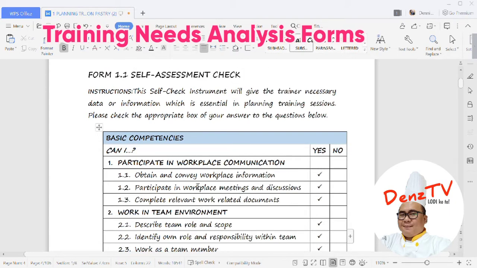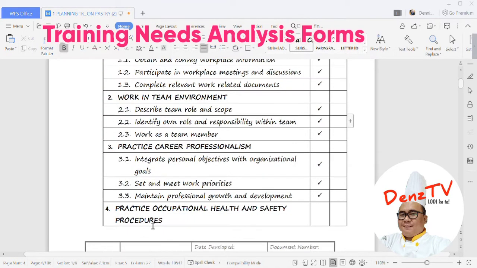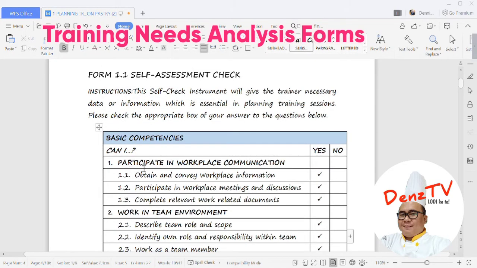These are the basic competencies, all the modules or units of competency. This is the first unit for basic competencies: participate in workplace communication. This 1.1, 1.2, and 1.3 are all the learning outcomes of participate in workplace communication.